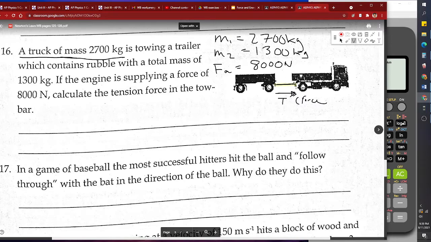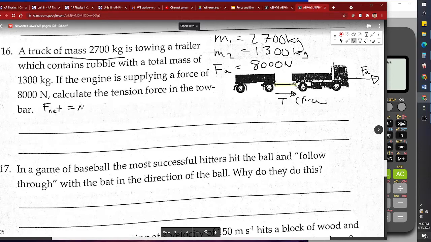So we have the engine creating a force this way, and it's pulling that mass. And then the tension here is a force that's pulling this mass. So what is common about these two things? If we look at the masses of the two being pulled, there's no reactive force, no friction, no air resistance, so really the applied force is the net force.